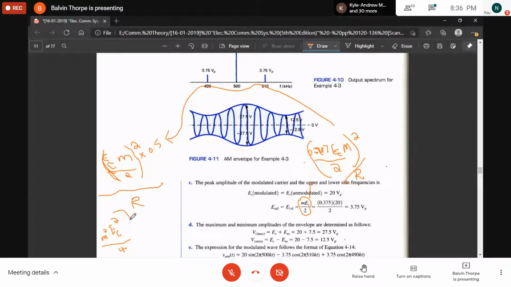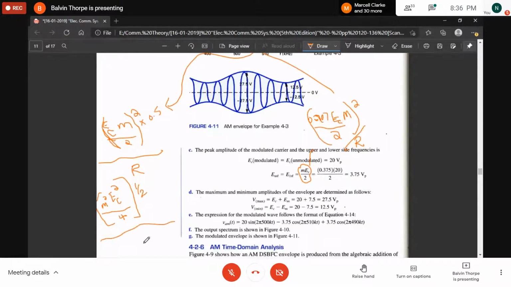And then all of that is going to be now what? Multiplied by half. And then all of that is being divided, all of this now is going to be over R. All right. So if everybody followed that, you're supposed to be able to tell me what's the final expression. MEC all squared over 8R.